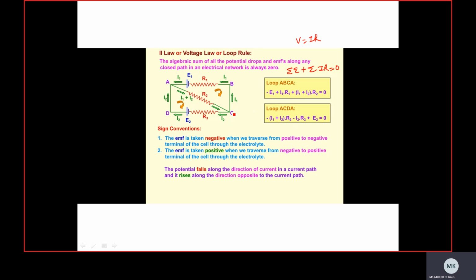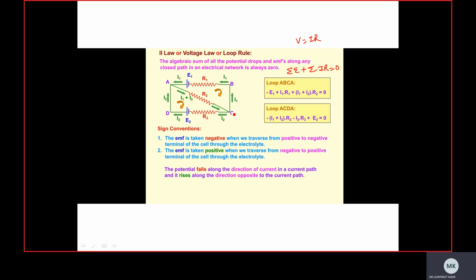That is energy. So in a loop, the summation of energy is zero, यानी energy is not created. Work done कहीं से create नहीं हो गया. यानी अगर battery is there in the loop, which is doing the work, so that work is being utilized. Battery is the source of energy.